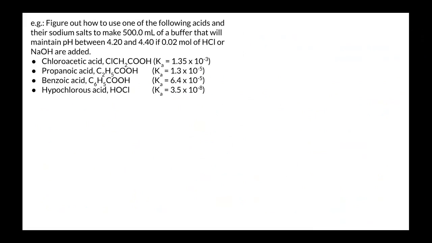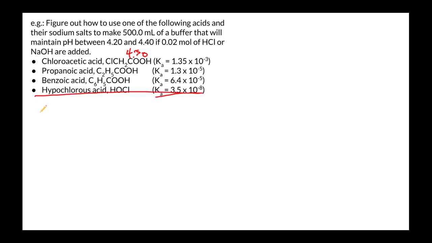Let's do one more example problem here. Figure out how to use one of these acids and their sodium salts to make 500 liters of a buffer that'll keep a pH between 4.2 and 4.4 if 0.02 moles of HCl or NaOH, that's our strong acid, strong base, are added. Okay, so our target pH is 4.30, halfway between here. So we want a pKa that's close to that.